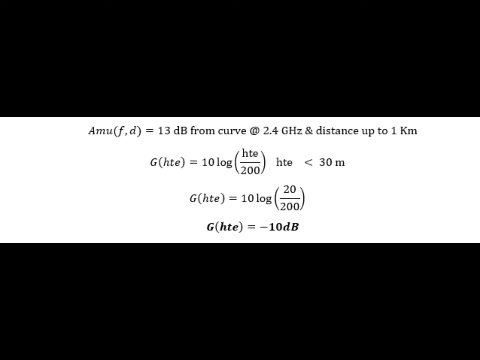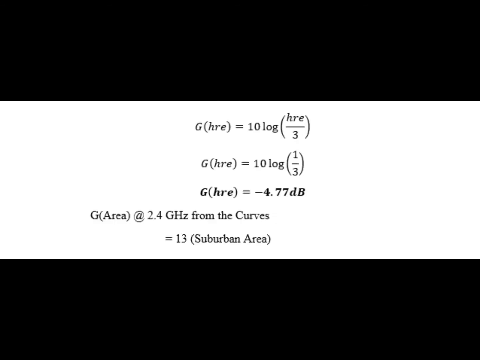From the gain of height of transmitter we have negative 10 dB, and the gain from height of receiver we get negative 4.77 dB.